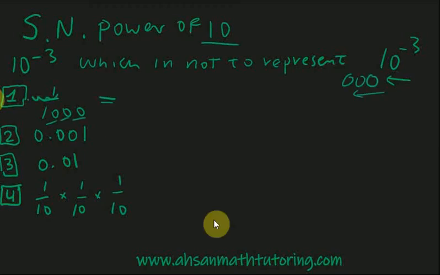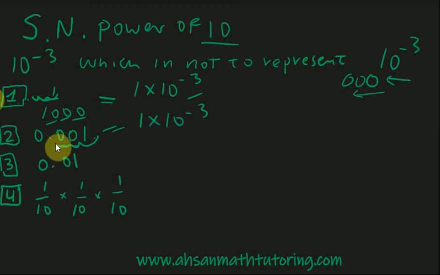So for this one we have 1, 2, 3, going 3 to the left, 1, 2, 3. So your decimal point, you go in 1, 2, 3, right? So what is that equal? 1 times 10 to the negative 3, right?